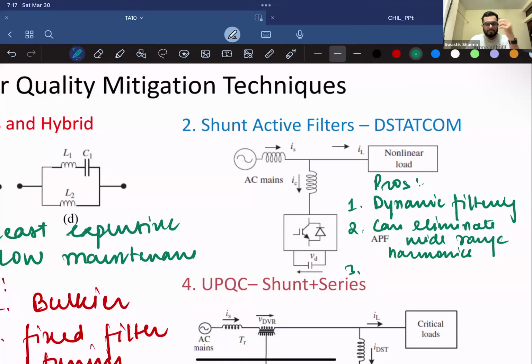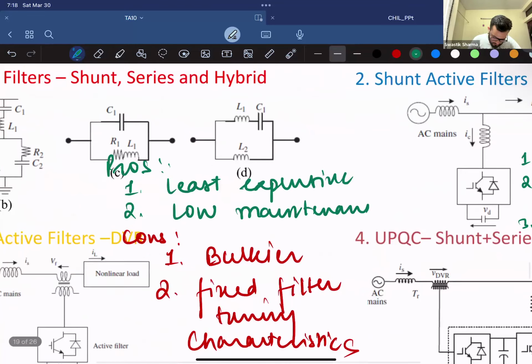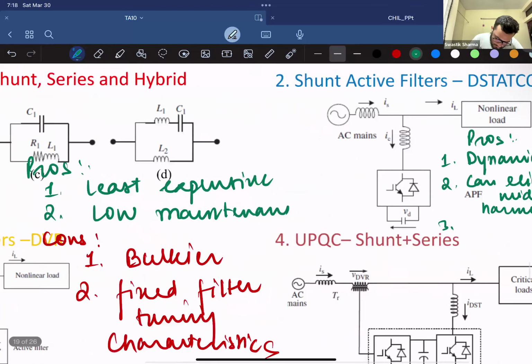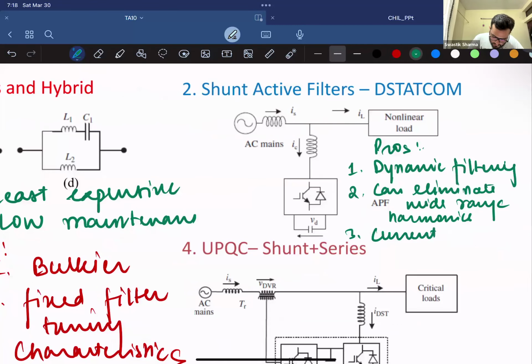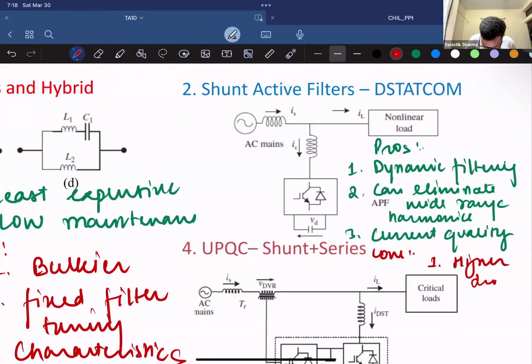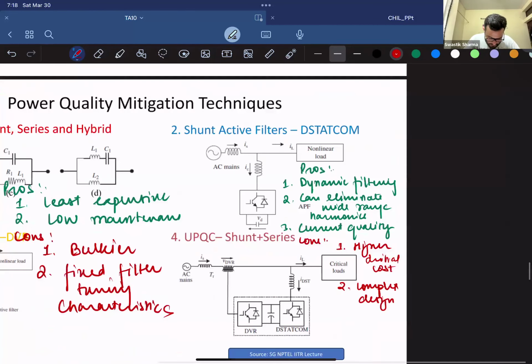And since they are shunt type, they are better suited for current quality issues. But they have their cons as well. One con is that they have a high initial cost, and they have a complex design. Since this is power electronic equipment, you need to design them efficiently.